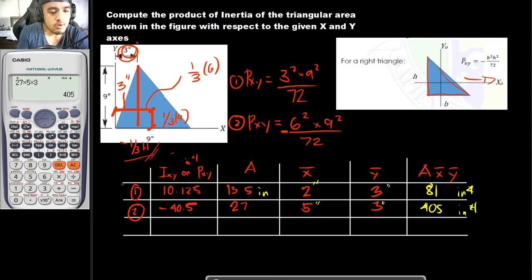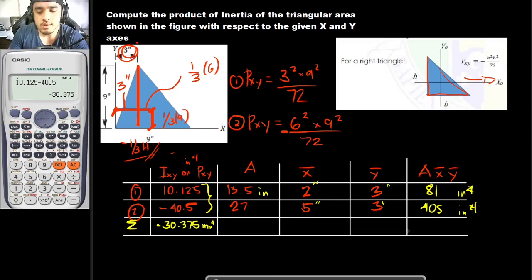And what we would be doing next is getting the summation of the products of inertia and the transfer formula. So adding both of these, 10.125 minus 40.5 is equal to negative 30.375.